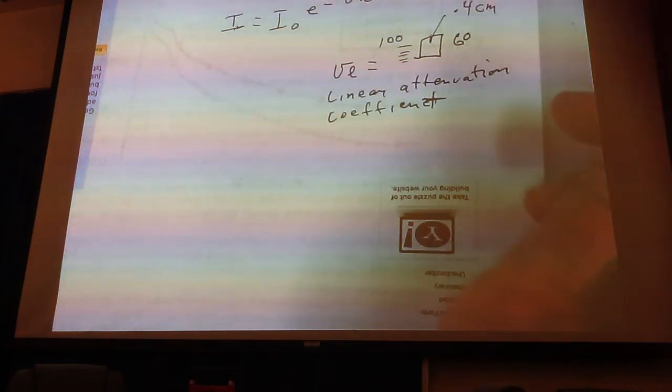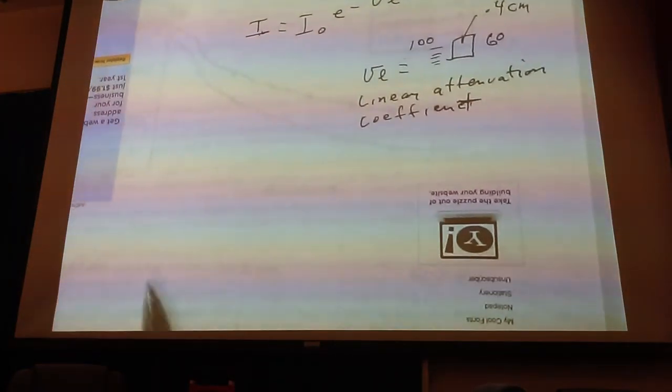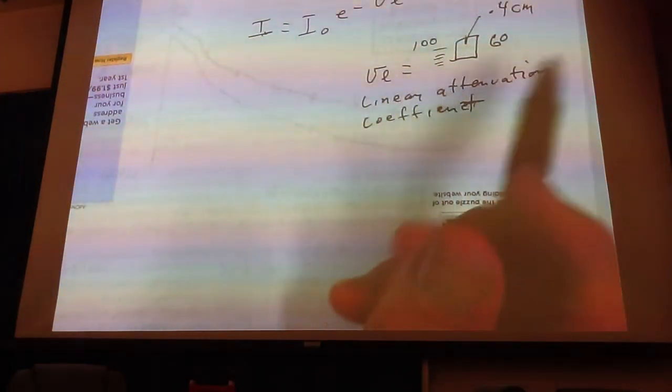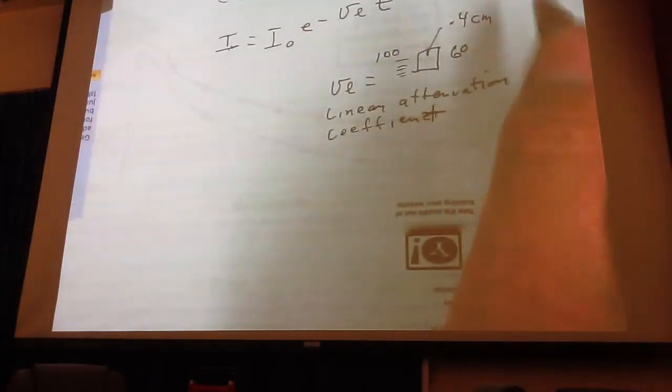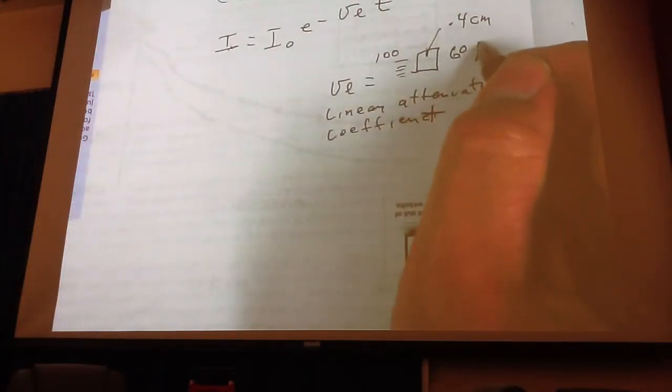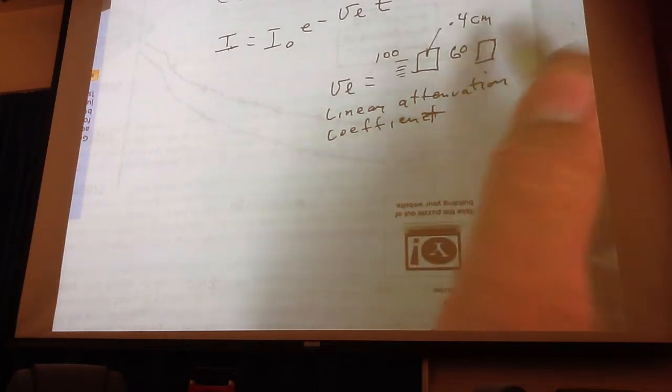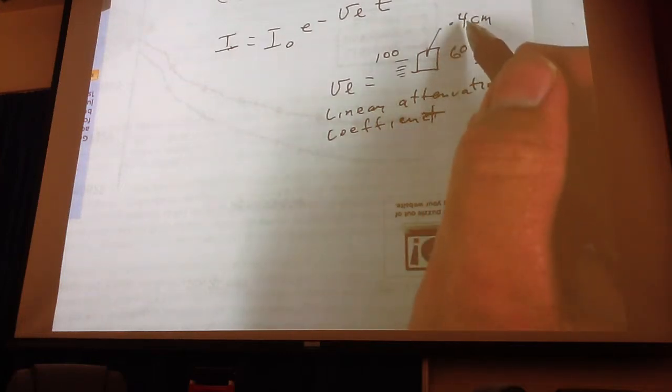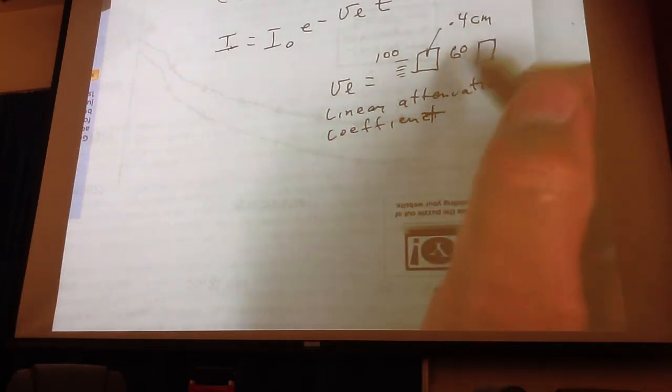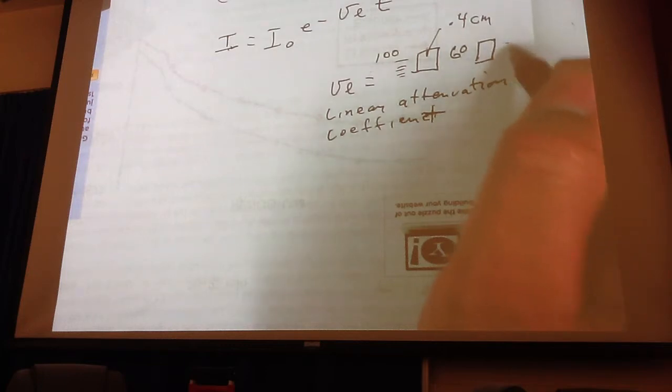Now, if I put another centimeter of material in front of this, then 60 times 0.4 is 24. So 60 minus 24 would be the approximate amount of radiation that would be on the other side here.